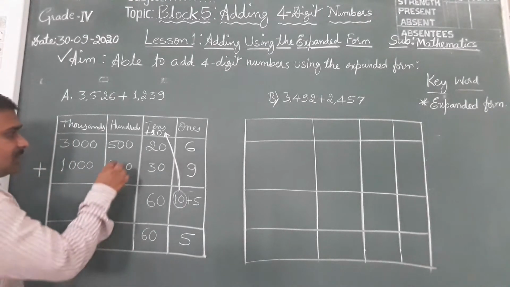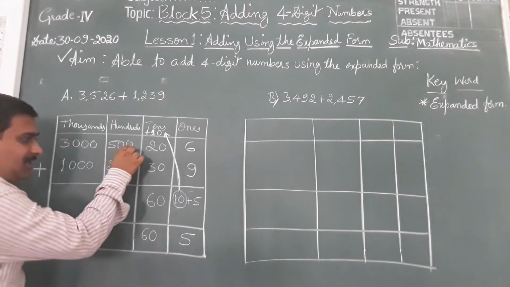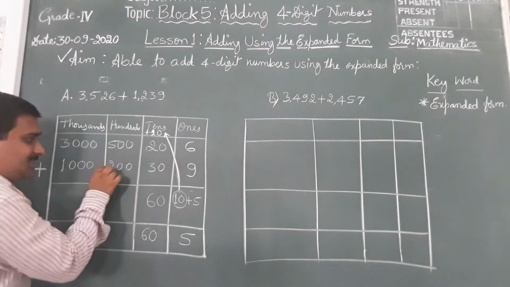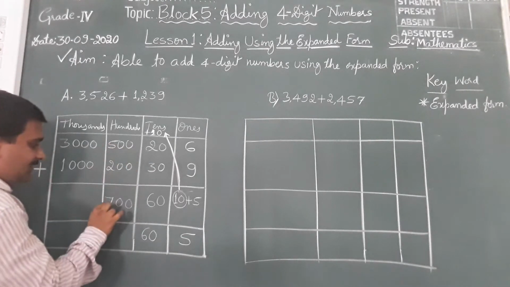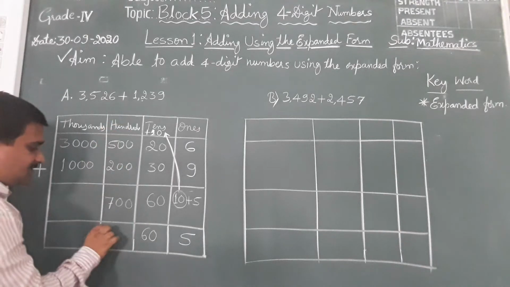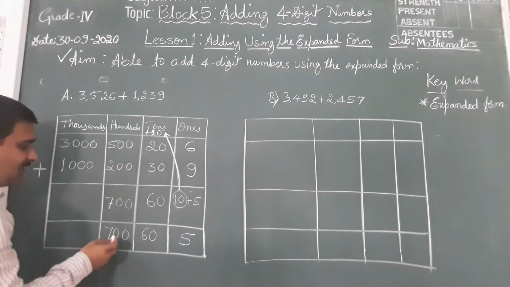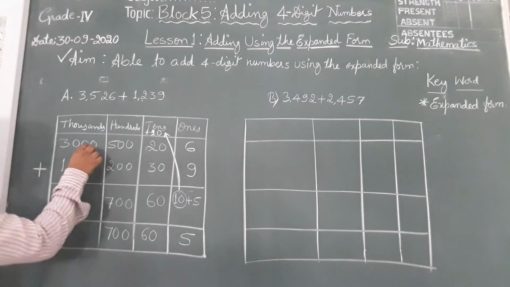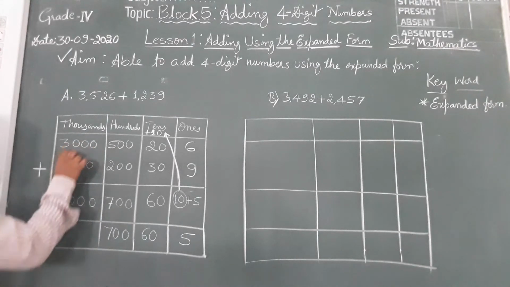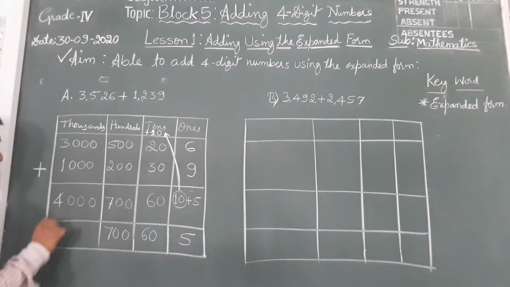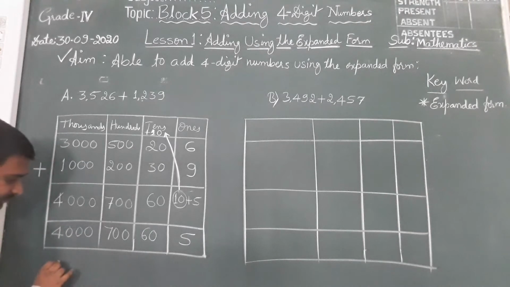Now 500 plus 200 is 700. So the hundreds place 700 means 700. Then 0, 0, 0 plus 0, 0. 3 plus 1, 4. Means this is 4000. See children, now write down the final answer.